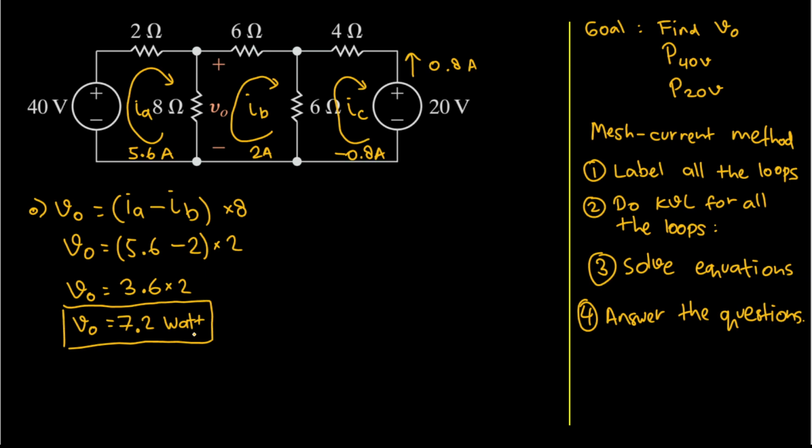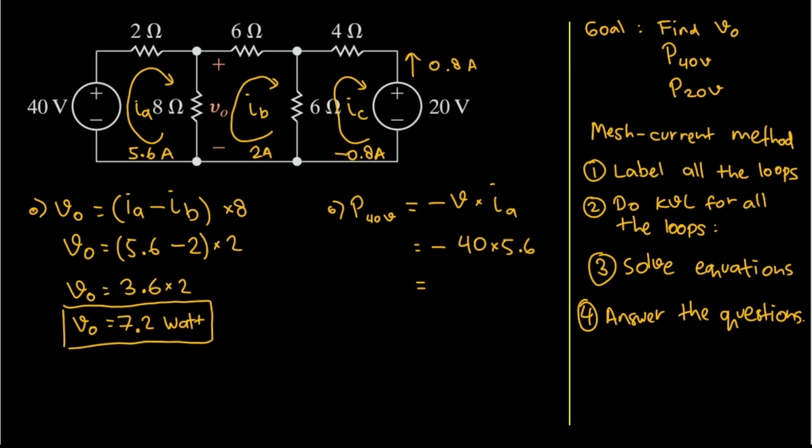And then the next thing that we need to find out is the power delivered by the 40 volt voltage source. So we'll have P 40 volt. Remember the formula here, because it is delivering current, right? The current goes into the circuit. So we will have minus the voltage multiplied by the current, but the current that passed through it is IA. So we will have minus 40 multiplied by 5.6.